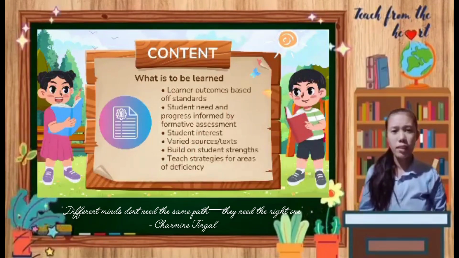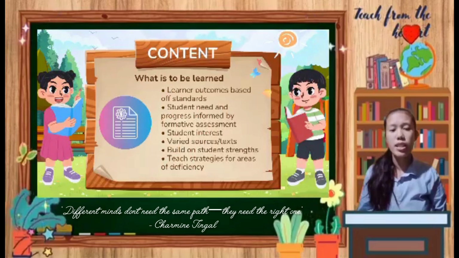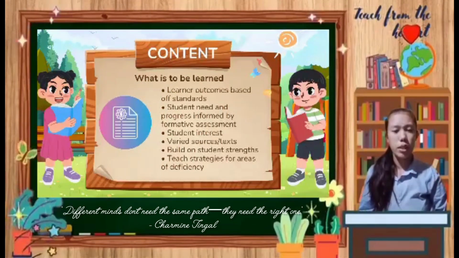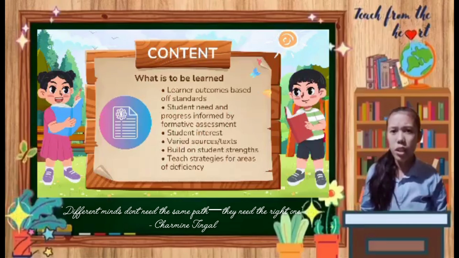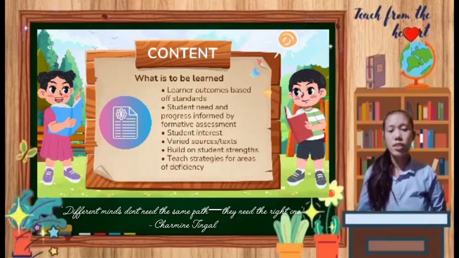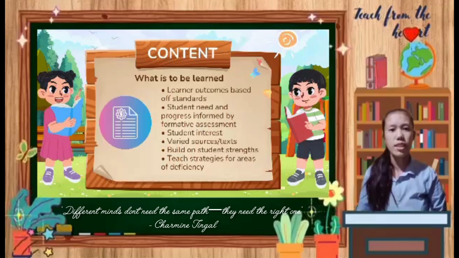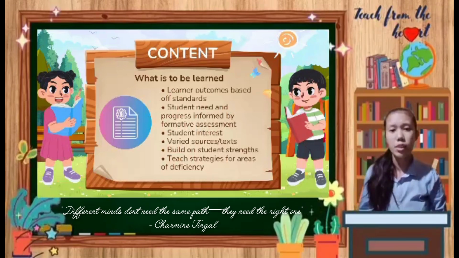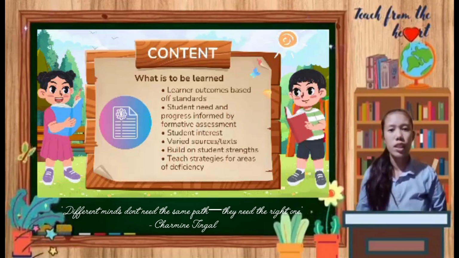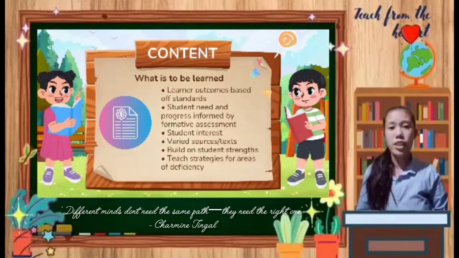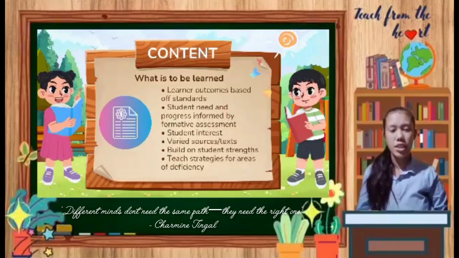So for content, differentiation begins with establishing clear learning outcomes based on academic standards. However, teachers go beyond just teaching standards. They continuously assess student needs and progress through formative assessments, adjusting content as necessary. Student interests are also taken into account to make learning more meaningful and engaging.